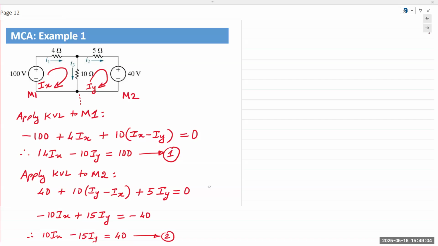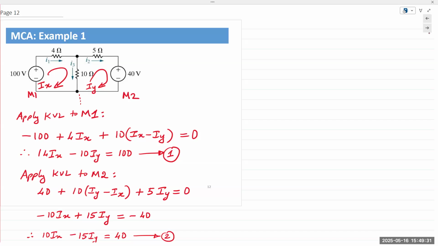In this case, Ix is 10 and Iy is 4. So it simply becomes 10 minus 4. But let's say I3 was given as going up instead of going down, meaning the problem statement itself is showing you that I3 is moving up. If that's the case, then you must calculate it as Iy minus Ix.